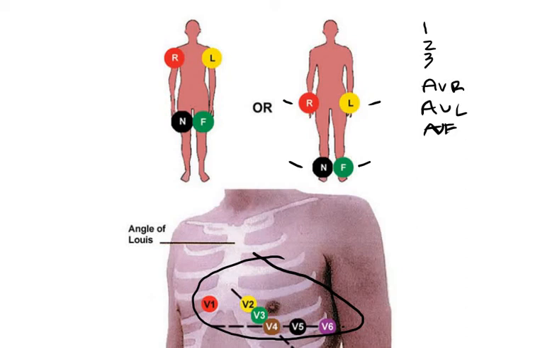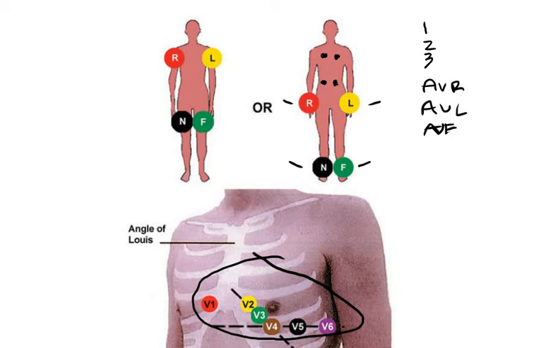But that's why the placement of the electrodes is important. Some of you pick up patients in the hospital, and the nurses have put the limb leads right here. And that is not good for calculating a cardiac axis.